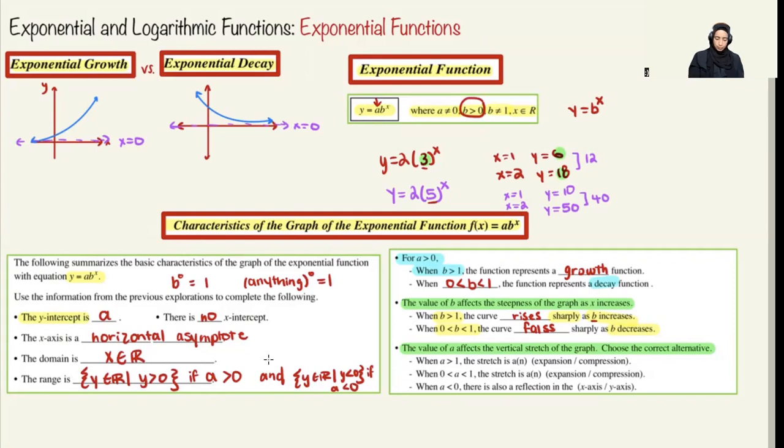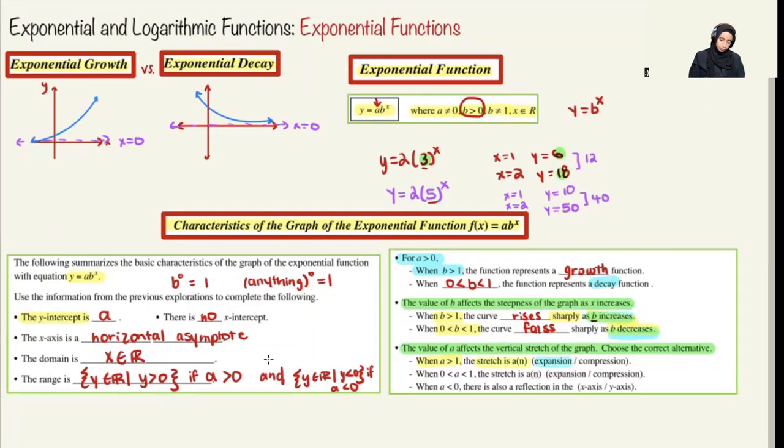And so over here, since we're saying it's a vertical stretch, well, let's have a look at the condition. So when a is greater than 1, so imagine a is 5, okay? The stretch is a. Would it be an expansion or a compression? Now, if I'm multiplying all my y values by a bigger number, then it should be getting bigger. And so this is going to be an expansion, okay?